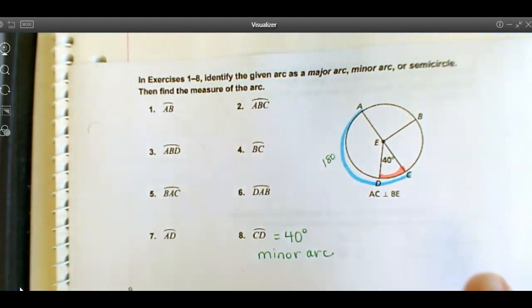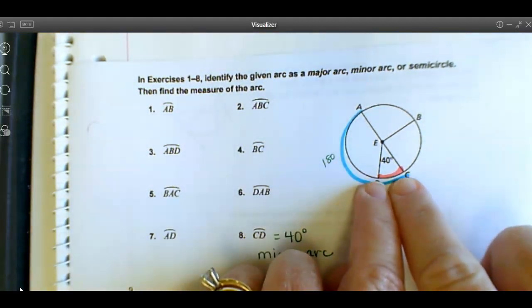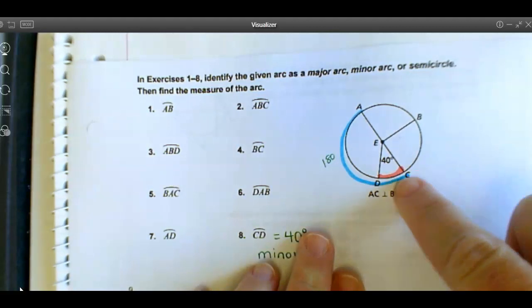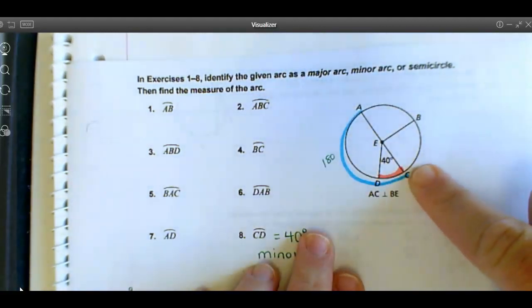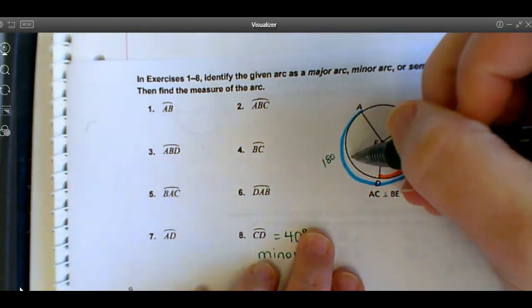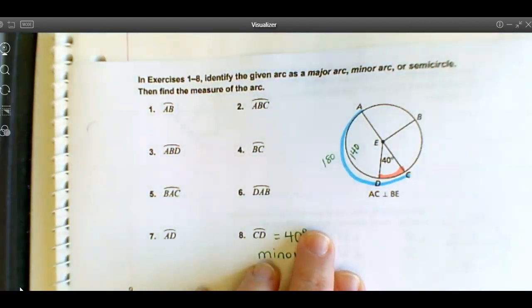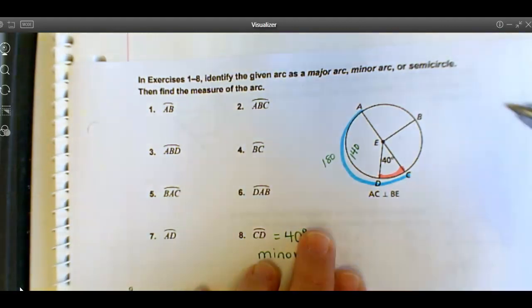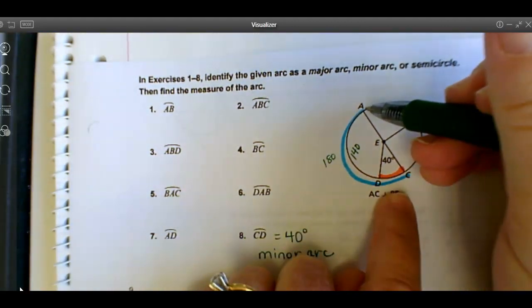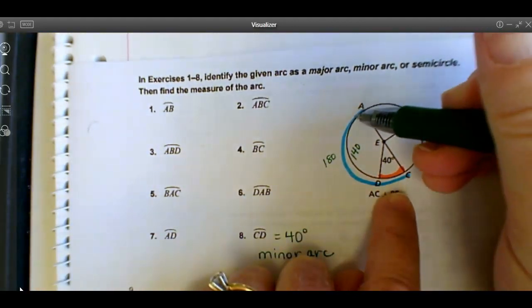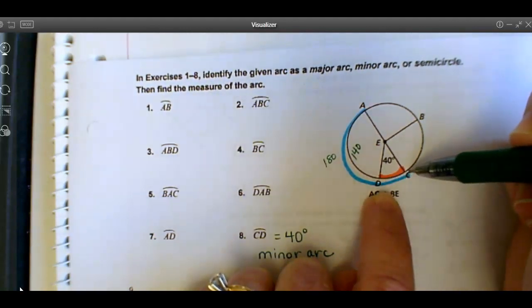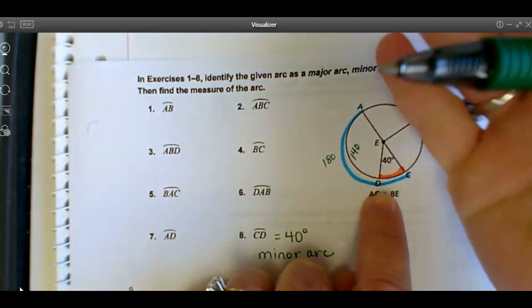If this is 40, the pink, and the blue is 180, then this extra little part right here must be 140. Does that make sense? Because I know that from A all the way to C, A, D, C, that's 180, because that's a semicircle.